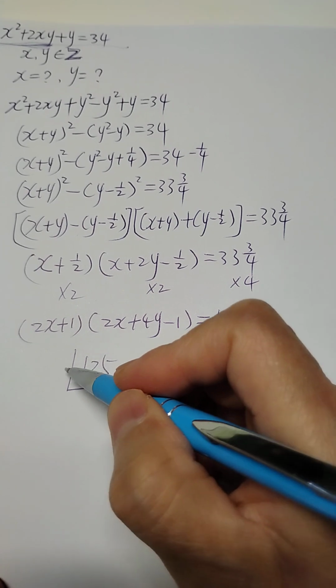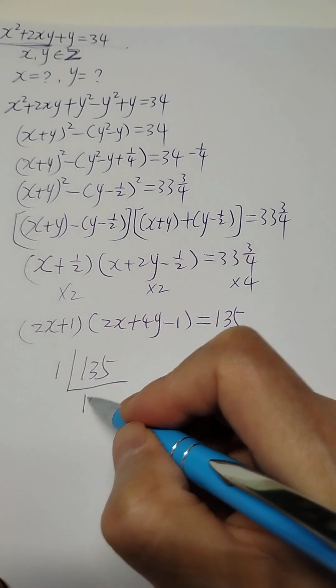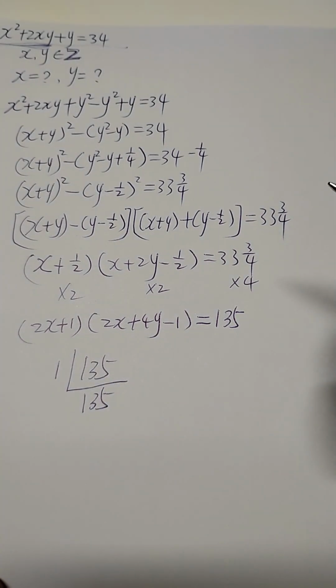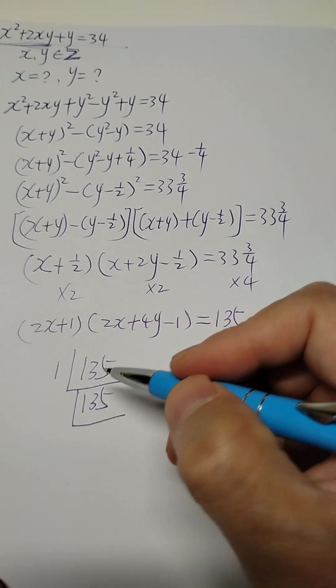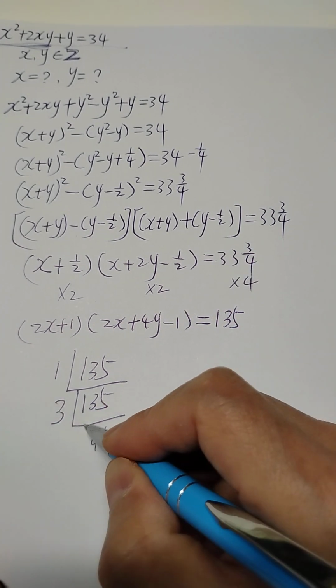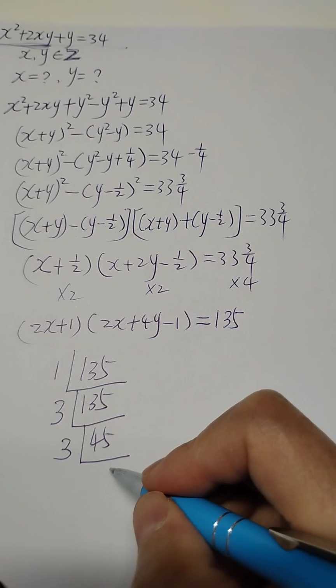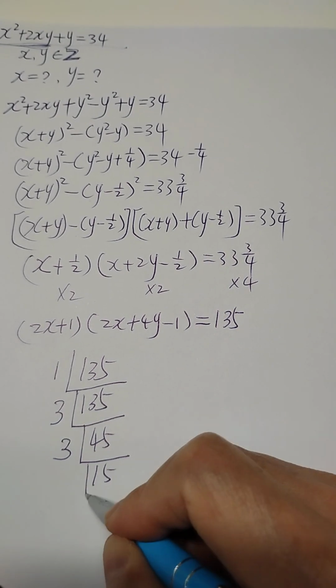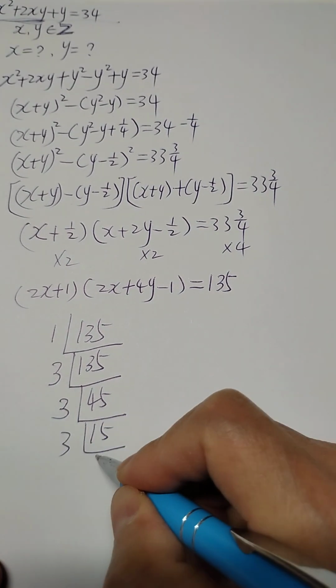If we divide it by 1, we have 135. If we divide it by 3, we have 45. By 3 again, we have 15. And by 3 again, we have 5.